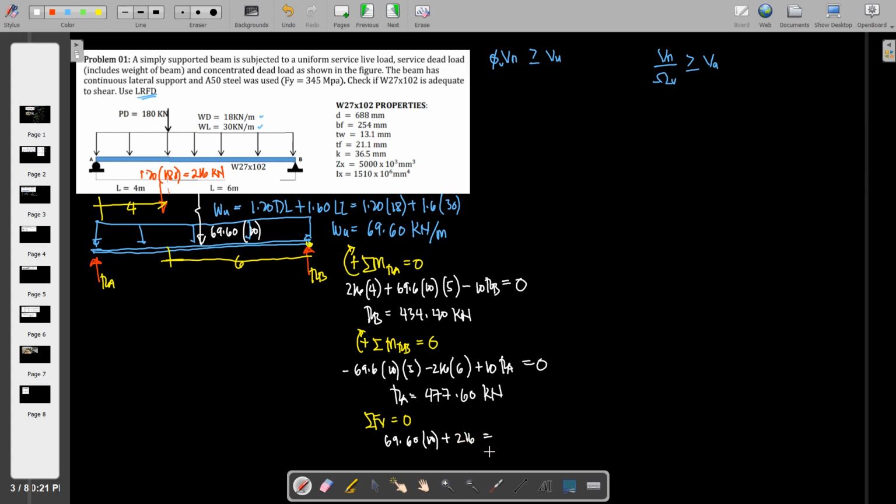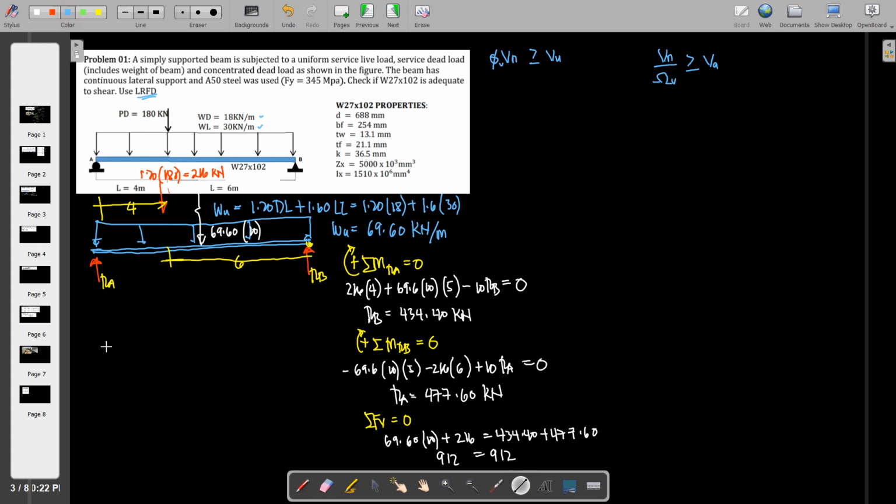This shall be equal to the upward RA plus RB, 434.4 plus 477.6. Both sides will just yield 912. So okay tayo dyan. Therefore, we can now proceed to our shear and moment diagram.